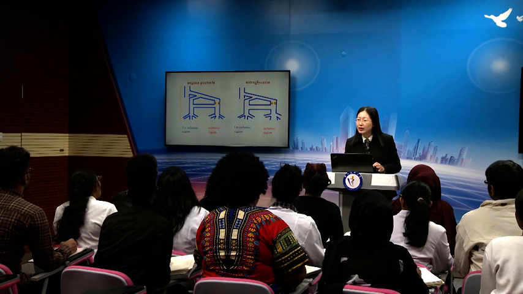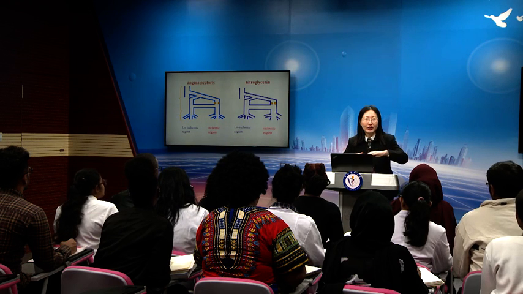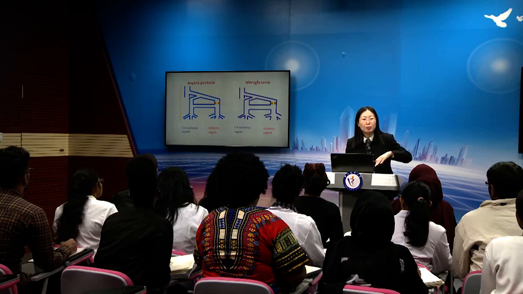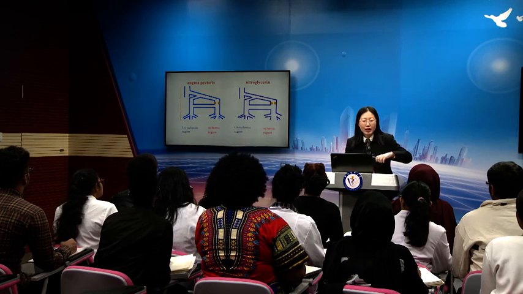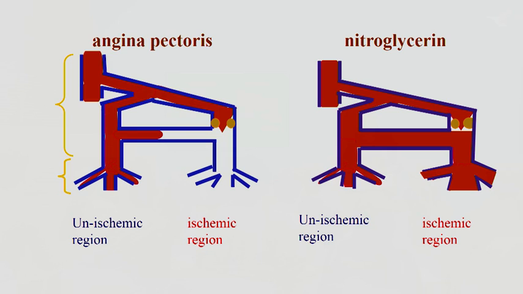In the ischemic region, bradykinin and hydrogen accumulate here, so the pressure is lower. After we give nitroglycerin, because here is the low pressure and here is higher than the ischemic region, the blood is pushed from here to the ischemic region, increasing ischemic region blood supply.